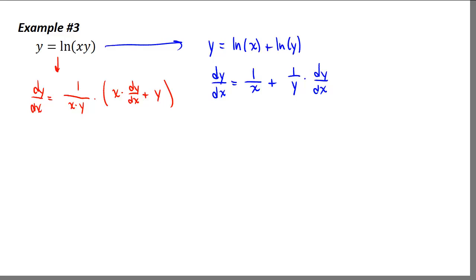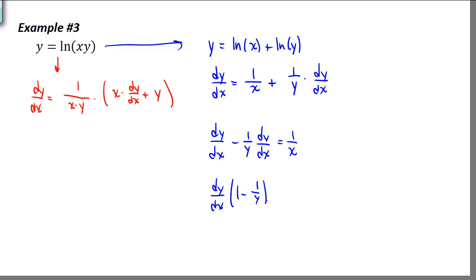Let's subtract that 1 over y dy dx from both sides. Now we can factor that dy dx out. Divide both sides by that factor.